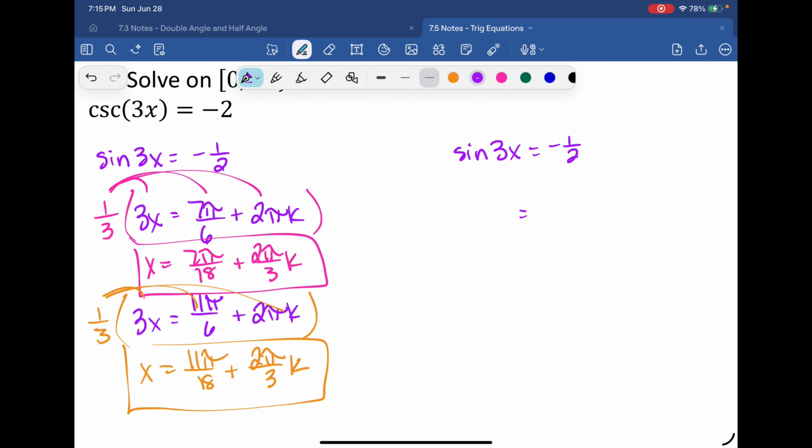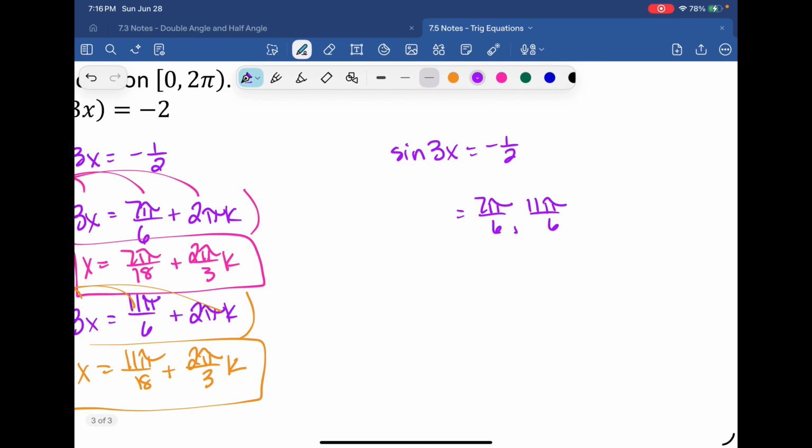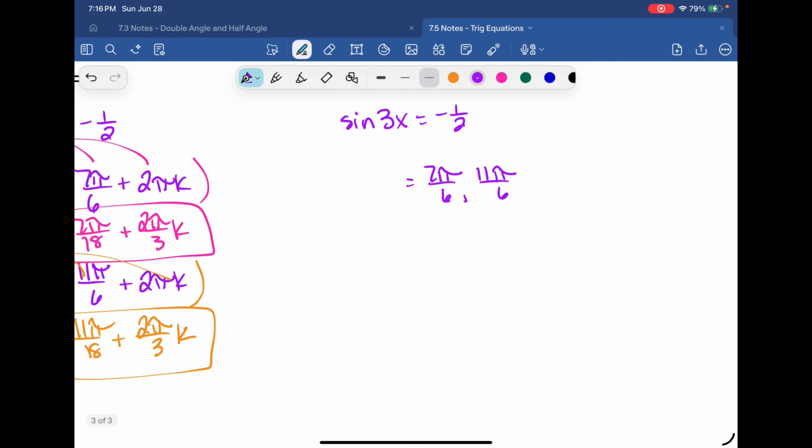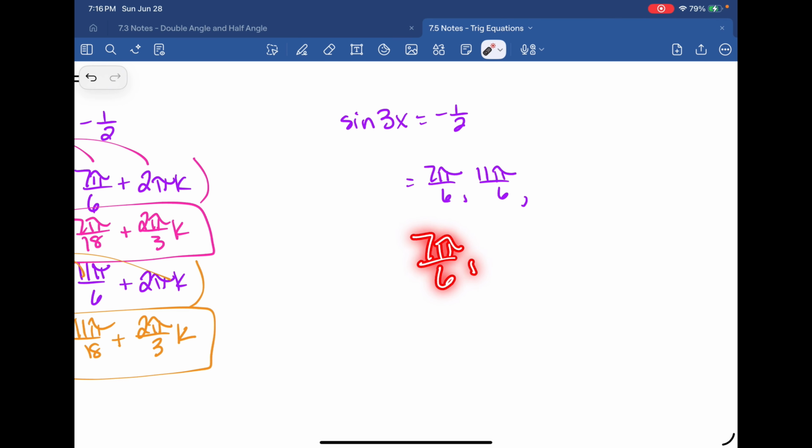So my angles are 7 pi over 6, 11 pi over 6. Okay. Then we're going to rotate. Okay, so 7 pi over 6 plus 2 pi. Common denominator, that can make it 7 pi over 6 plus 12 pi over 6. So I'm going to add 12 pi over 6.